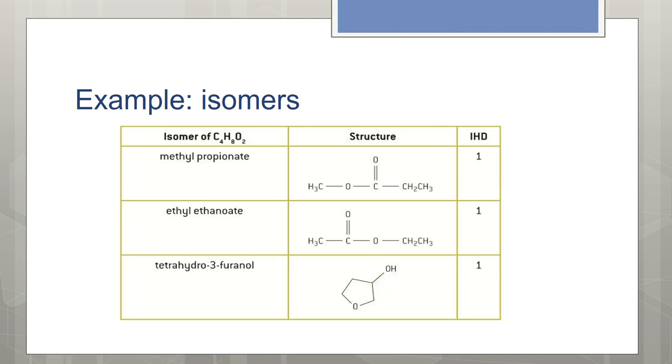But remembering that if they are isomers of a compound, they are probably going to have the same IHD because we have to maintain the same molecular formula. So if they have a different IHD, then the bonding is different. So we've put them together in a different way. So they're going to have different functional groups and probably a different molecular formula.